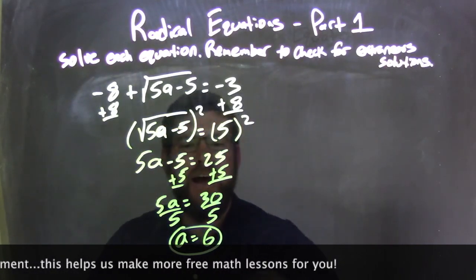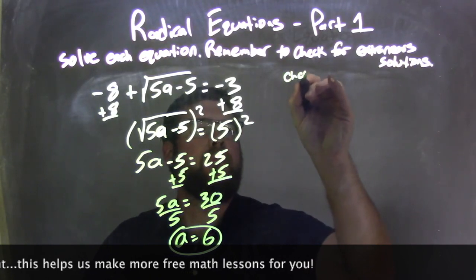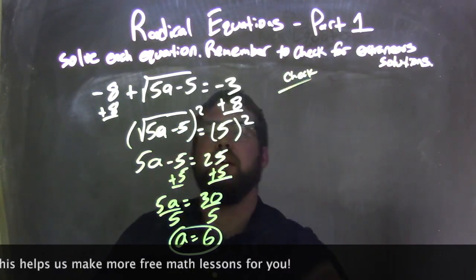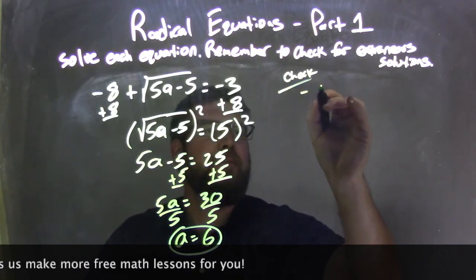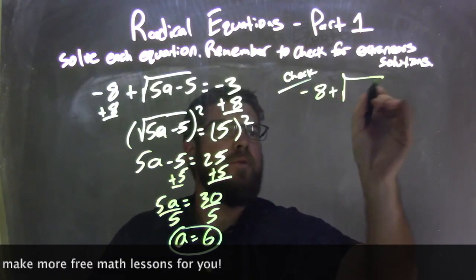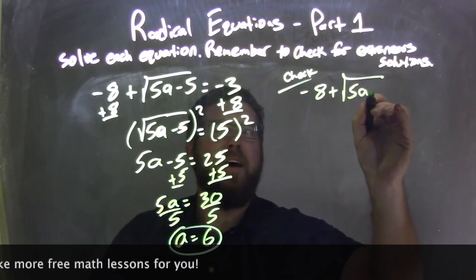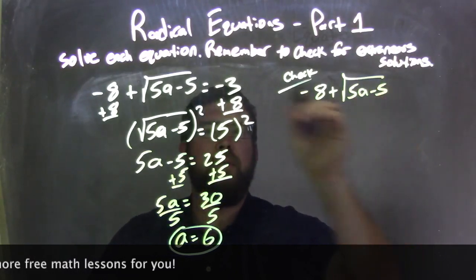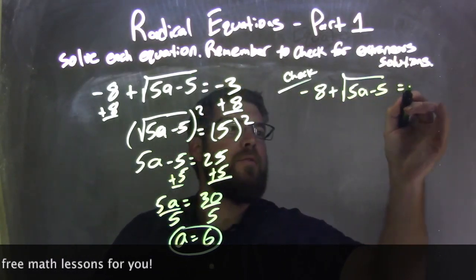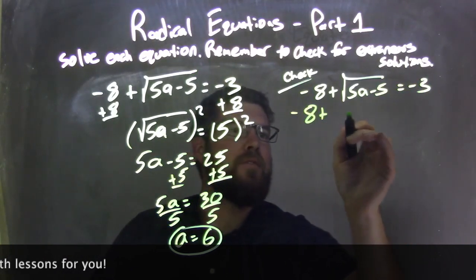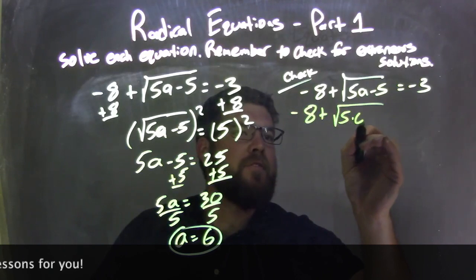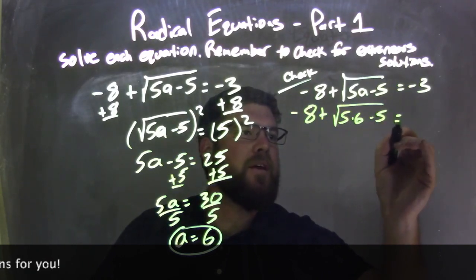So now I need to check to see if that's a true answer. So I'm going to rewrite my equation. Negative 8 plus the square root of 5a minus 5 inside the square root here equals negative 3. I'm going to plug 6 in now, so I have negative 8 plus the square root of 5 times 6 minus 5 equals negative 3.